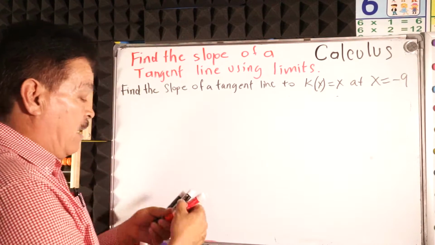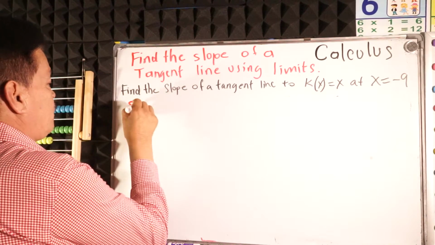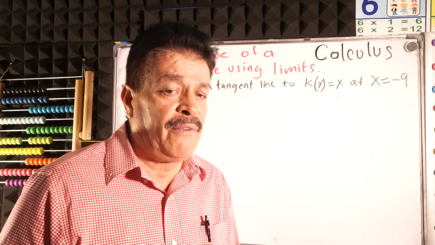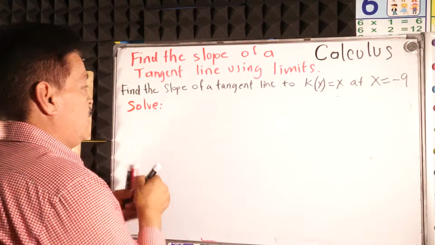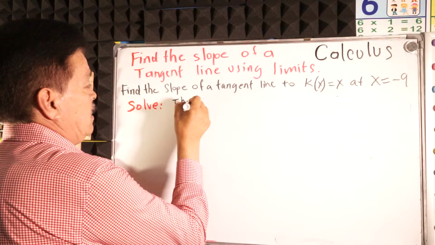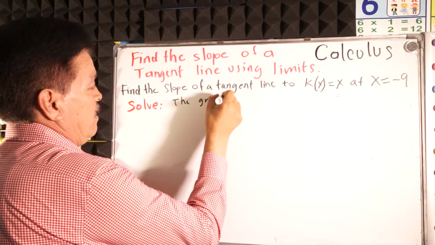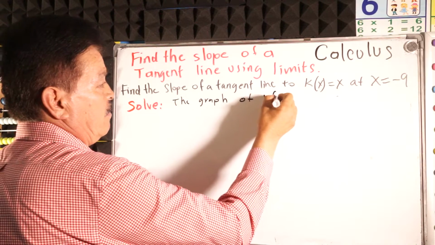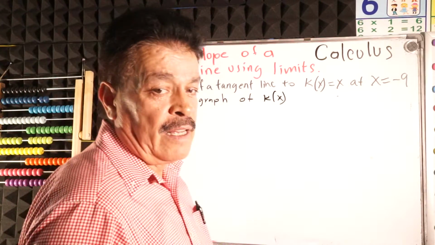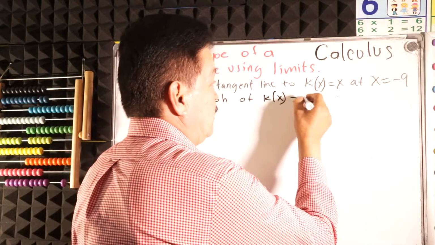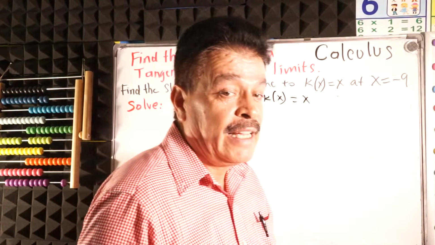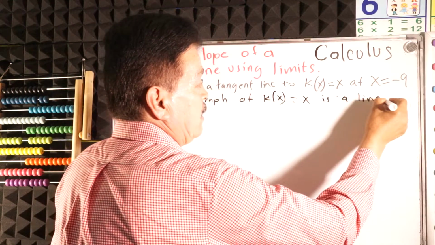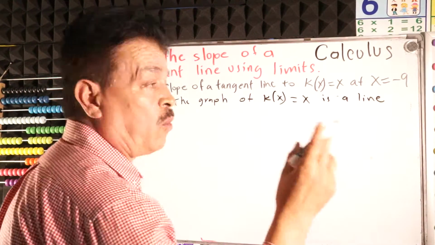So first, how do we solve our problem? The graph of k of x equals x is a line with the slope 1.